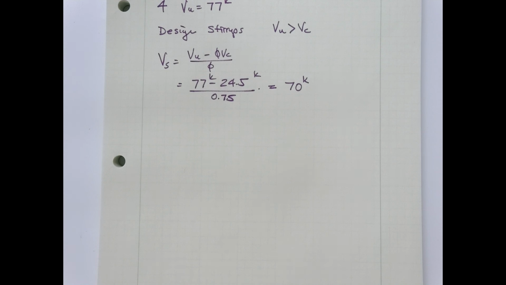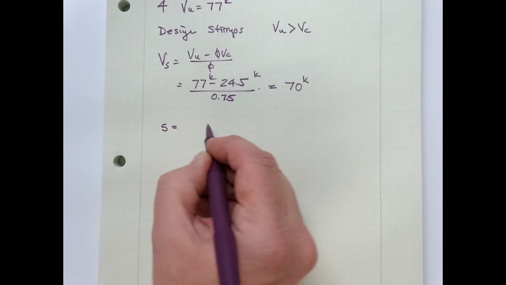And we go back to our other equation, right? S is equal to A sub S F sub Y D over V sub S, right?